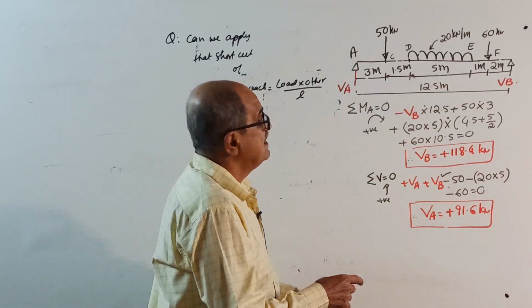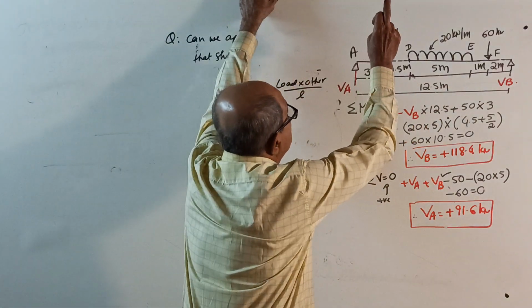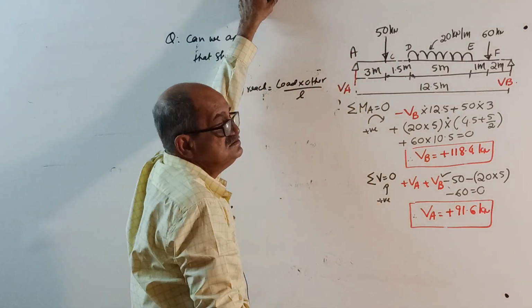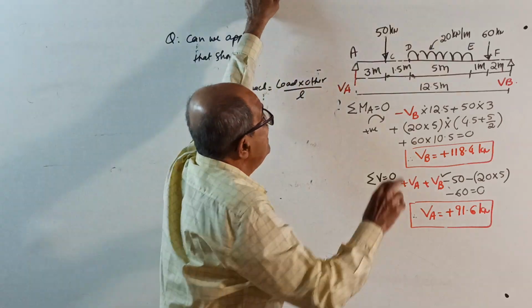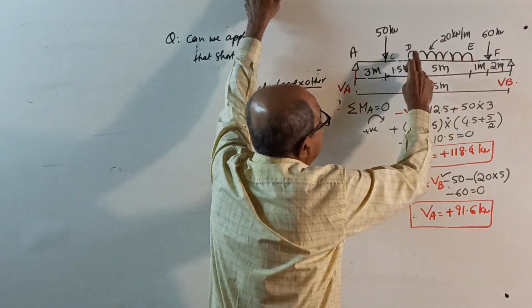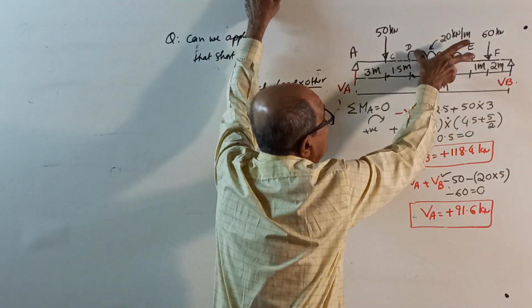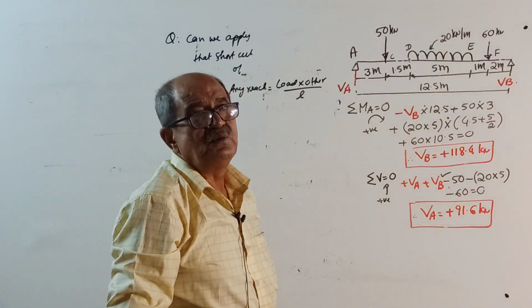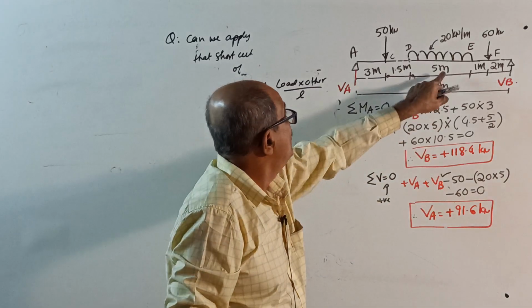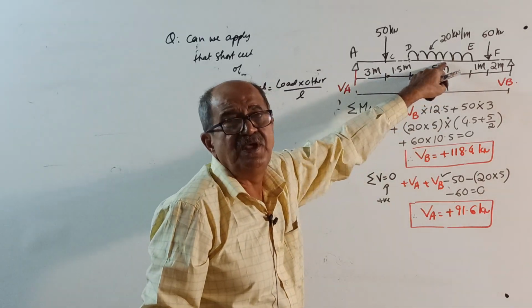Once you have all the statements, first consider only the 50 kilonewton, then consider only the 60 kilonewton, then for the UDL you consider the total load through its line of action. The line of action is the center of the UDL.